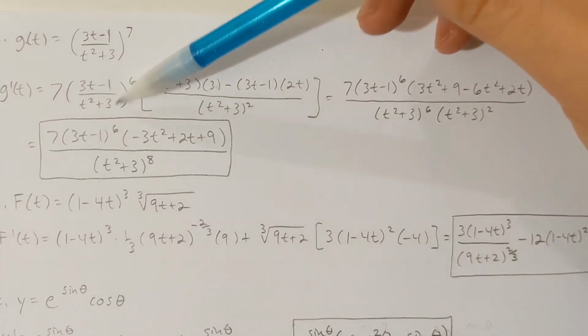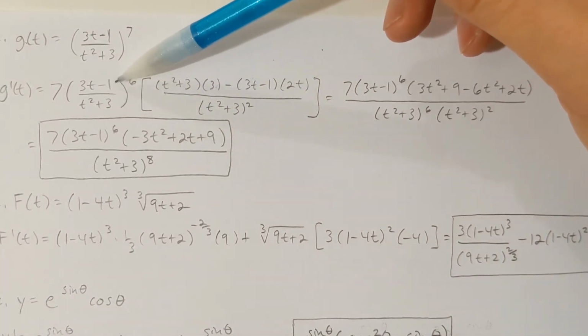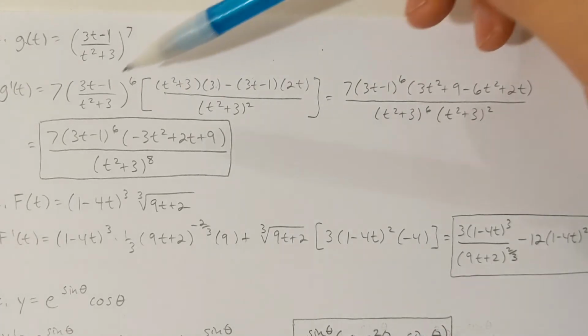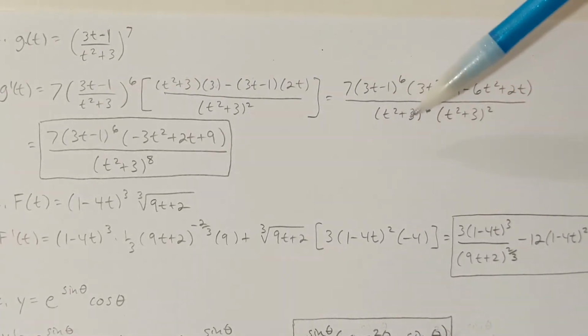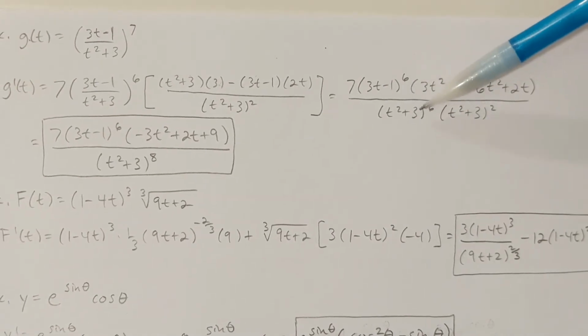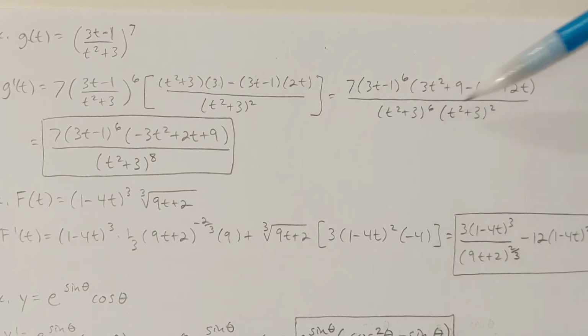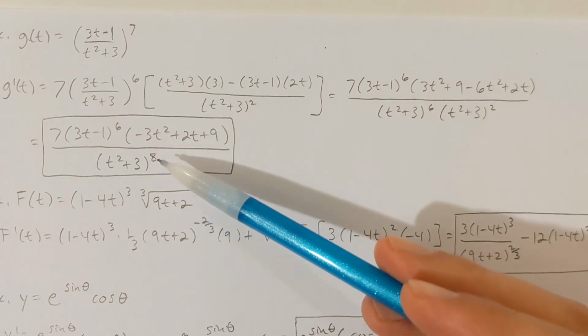I'm also splitting this part here into two expressions, (3t - 1)^6 divided by (t^2 + 3)^6. The reason why I did that is because in the denominator I can combine these. I'm going to keep the base and add the powers. So I get (t^2 + 3) to the 8th.